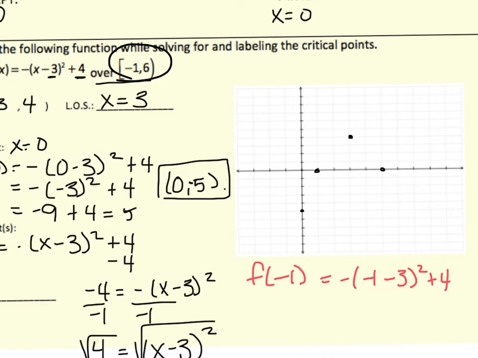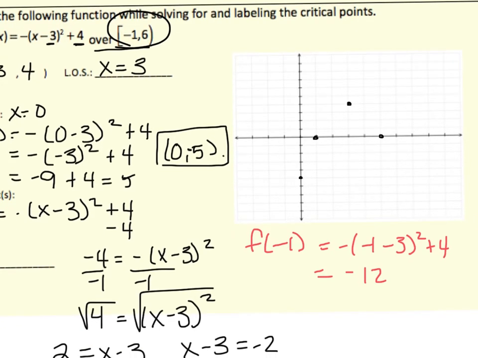And if I put this all in my calculator, this is going to get me negative 12. So the point (negative 1, negative 12) is where this is going to start. I'm just going to estimate because it doesn't go down all the way to 12, and since it's a bracket, it's a closed circle.